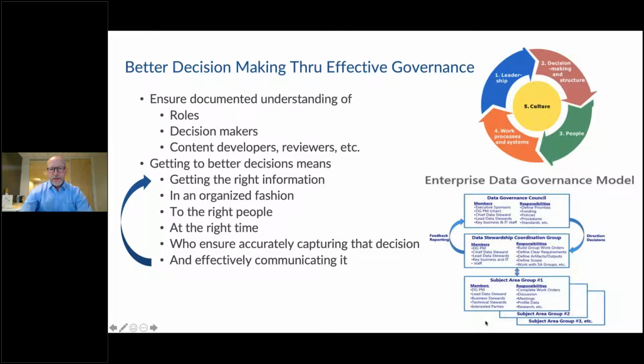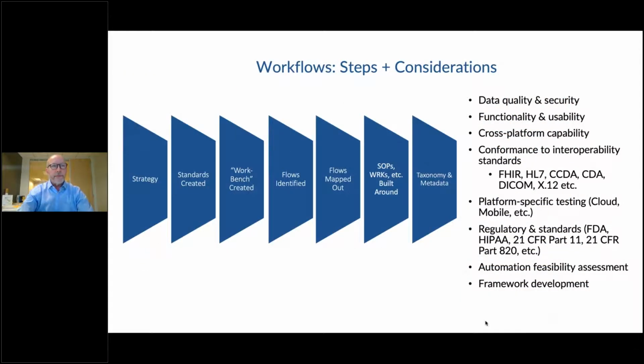The decisions are tied to this governance and understanding who's making what decisions and who's providing information, including content, to enable the decisions. And getting to good decisions, I think everyone would agree, comes down to getting the right information in an organized fashion to the right people at the right time so they can make the right decision and then capture it and communicate it effectively.